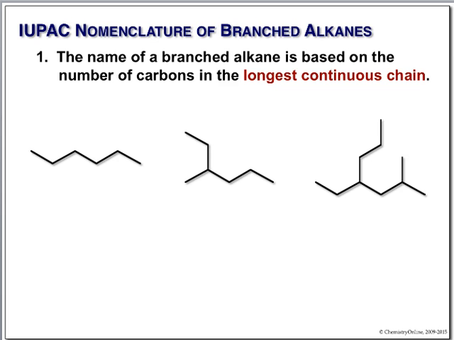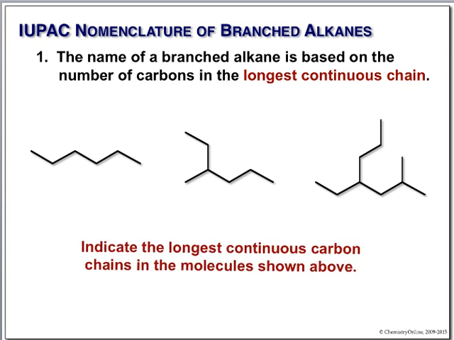Our first one here, that's really simple. 1, 2, 3, 4, 5, 6. Here, our longest chain, we'd actually start up here, wouldn't we? 1, 2, 3, 4, 5, 6. Longest chain here, not this one. We would go this way. Our first one here, 6 carbons in a row.